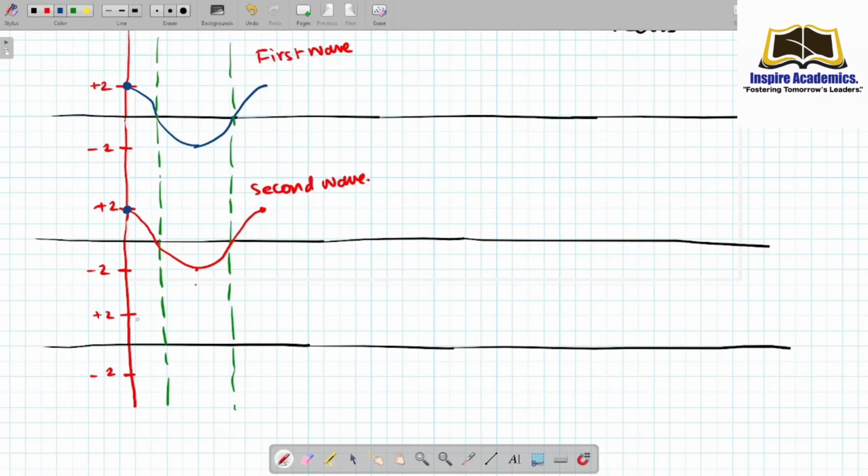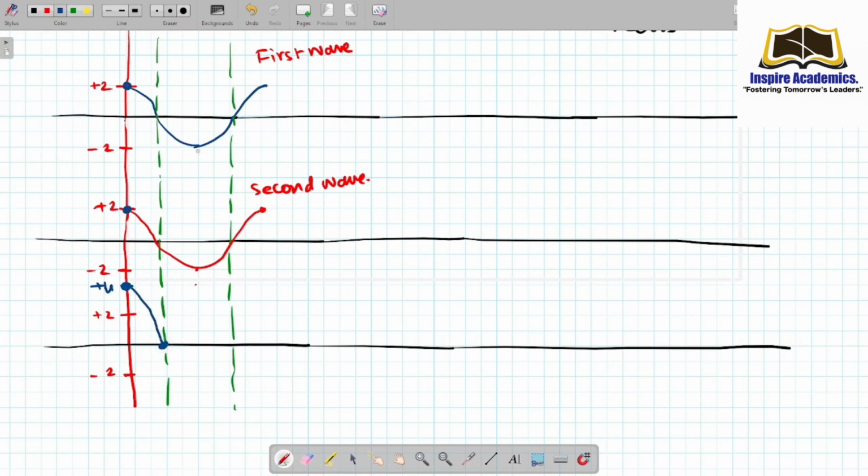So what will be the amplitude of the third wave which is resulting out of these two waves' superposition? आयन बताएंगे. +4 हो जाएगा. So we will take +4 here. So this will be the beginning of my wave. So it will come here like this.